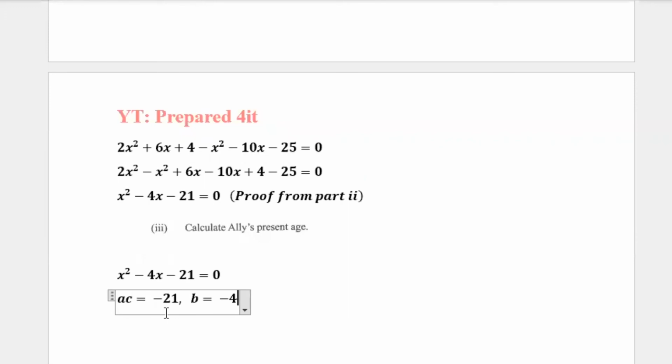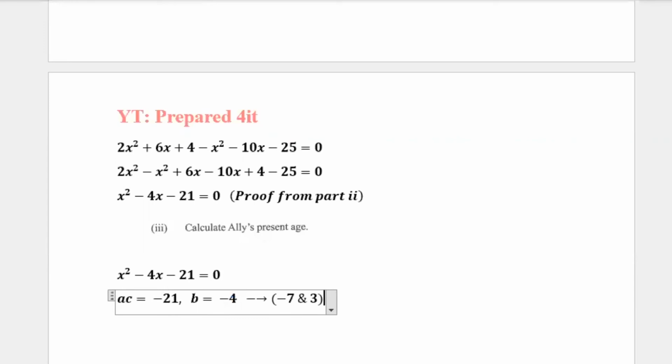When you multiply them, you get minus 21, and when you add them, you get the B term, which in this case is minus 4. Those 2 numbers would be minus 7 and a positive 3. Very good.